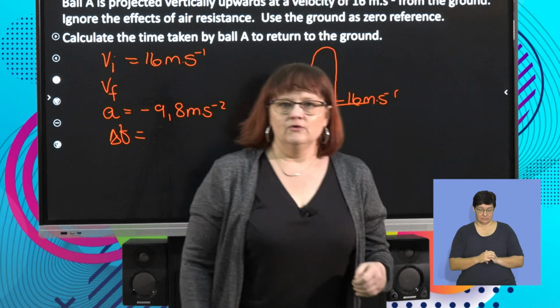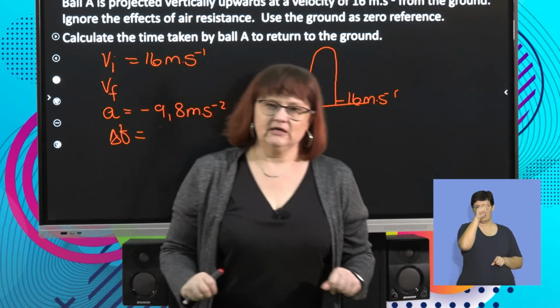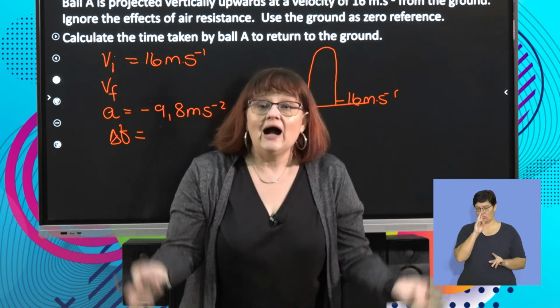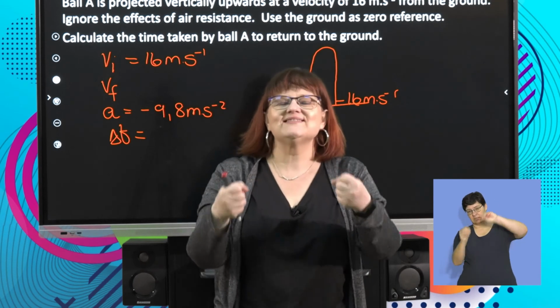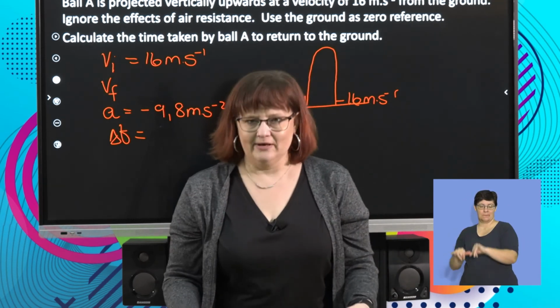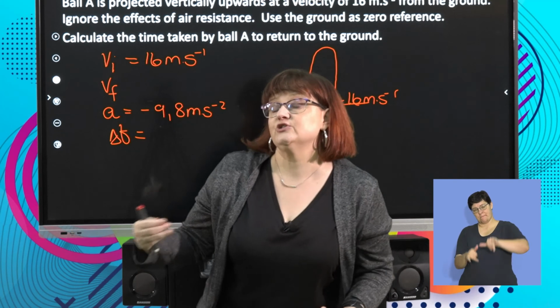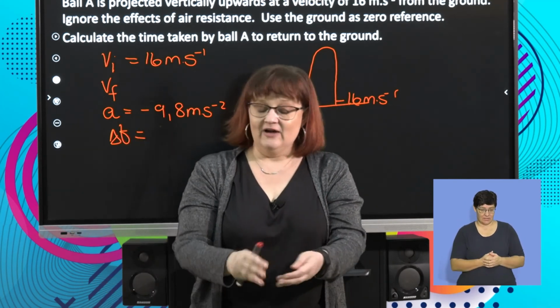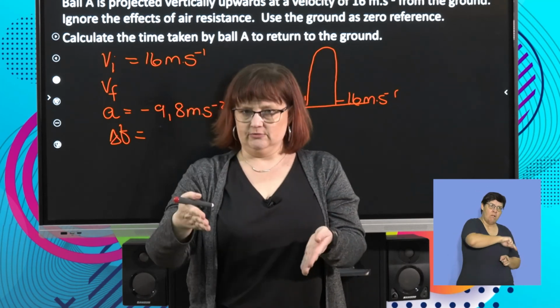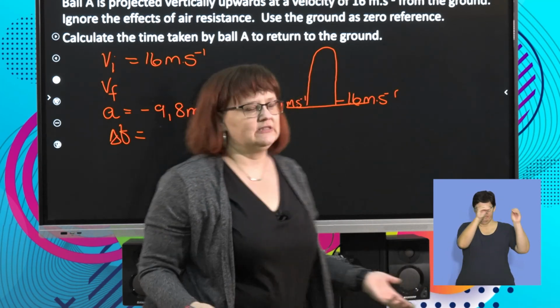Okay? You can see that in graphs when you do them nice and accurately. And why? Because throughout the motion, it's experiencing the same acceleration. If the acceleration changed, this wouldn't be possible. So that means if I take the whole motion into account, I can do this in one step.